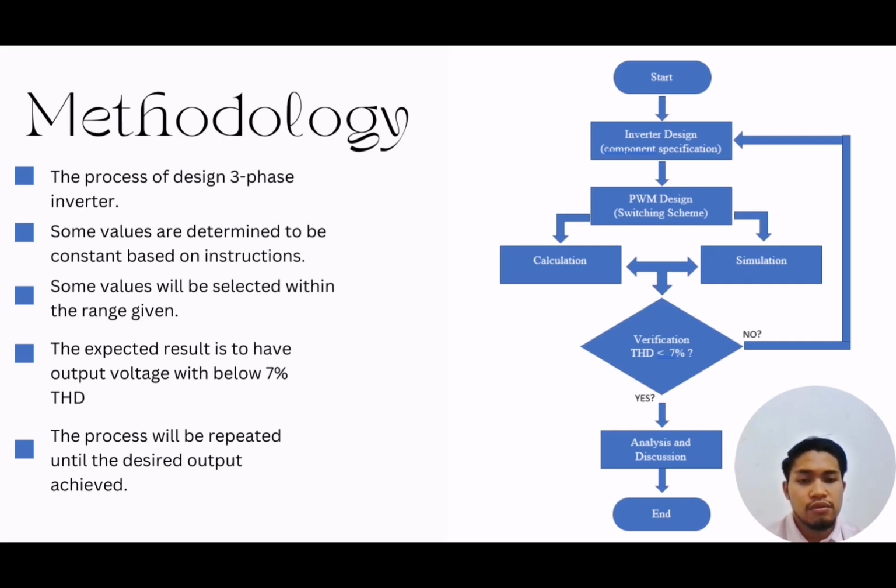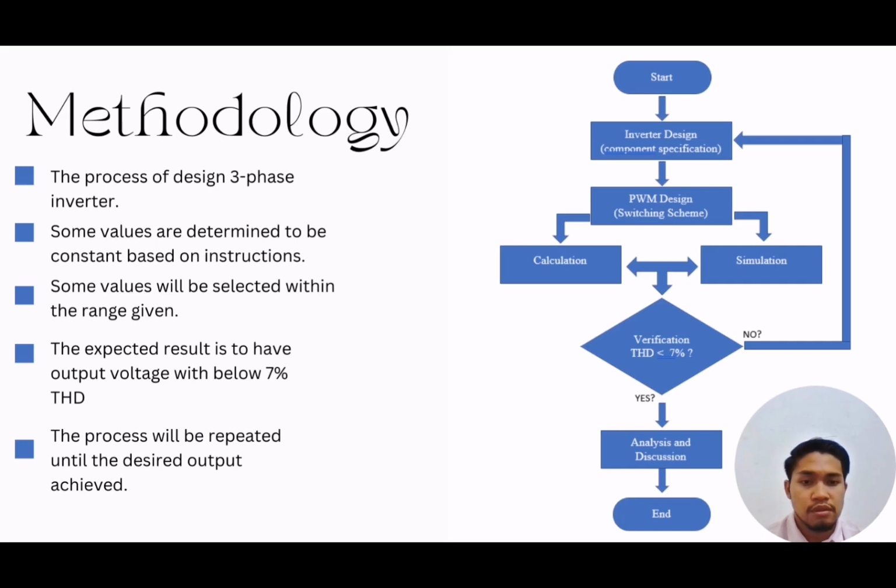For the next step, our group has chosen the PWM design as a switching scheme, and then we have a simulation and calculation where we compare the final answers of both of them, and we need to tally each answer before we proceed with the options.